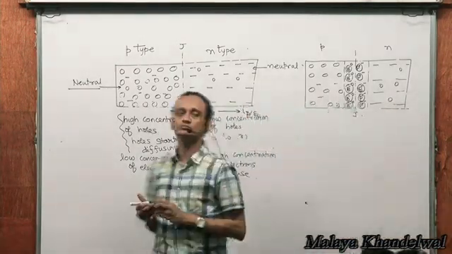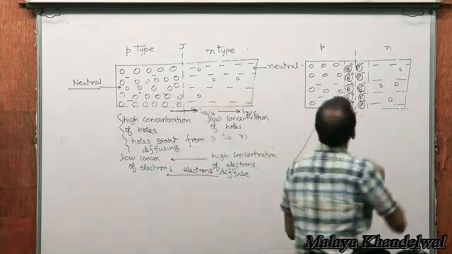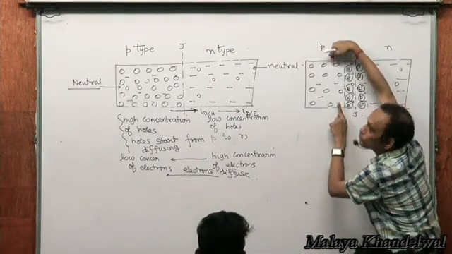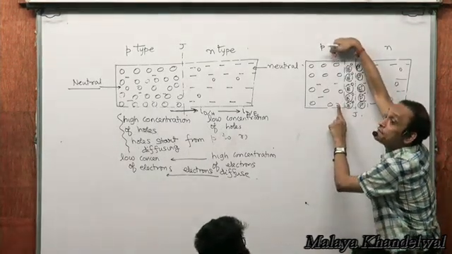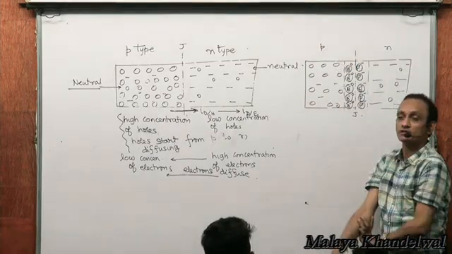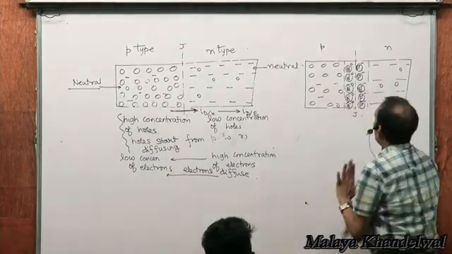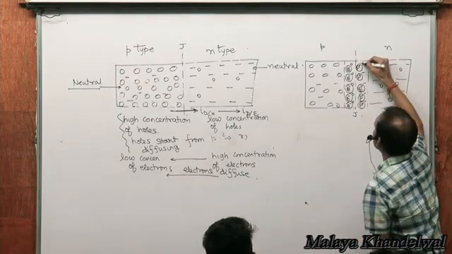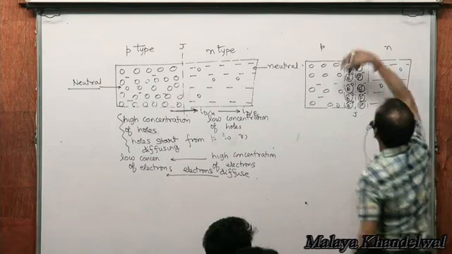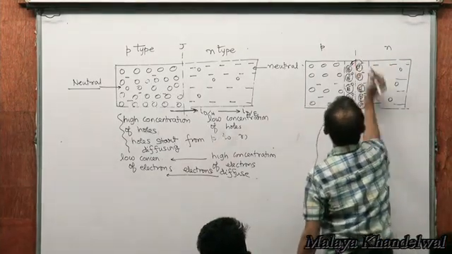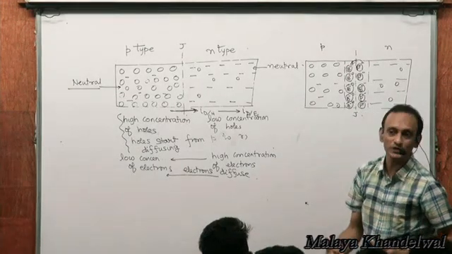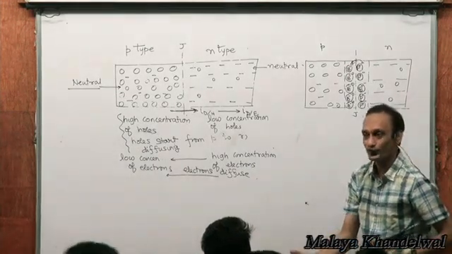Now, the electrons from n-type would diffuse into the p-type because of difference in concentration levels. This electron would want to cross over to the p-type. The moment it crosses over, it encounters a hole, recombines with it and destroys the hole. Yes or no?